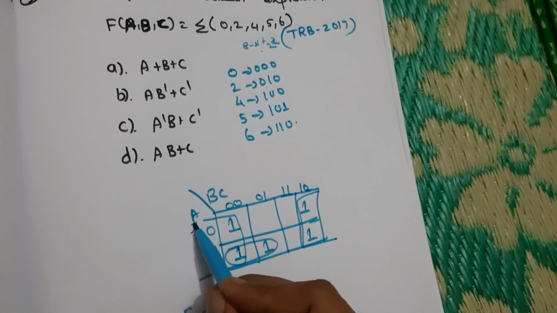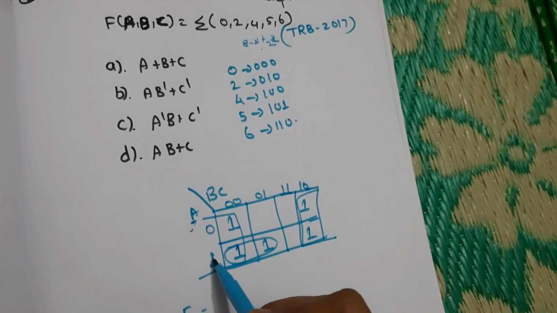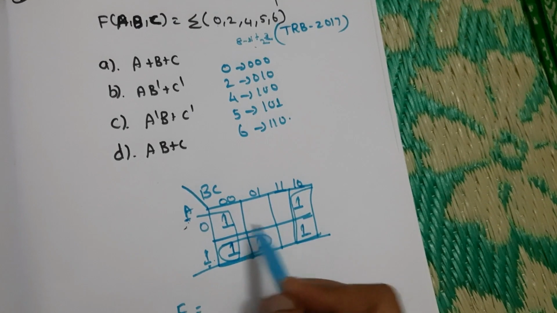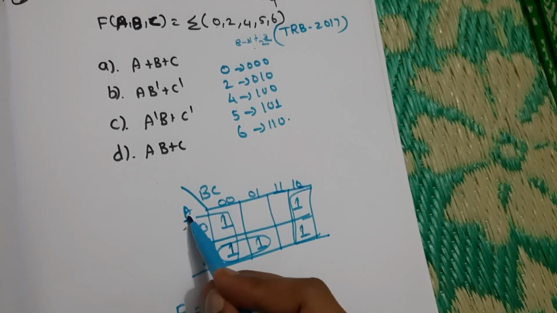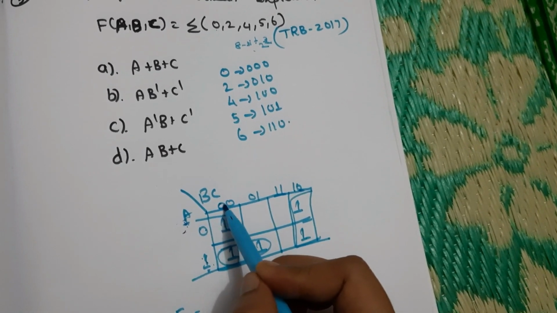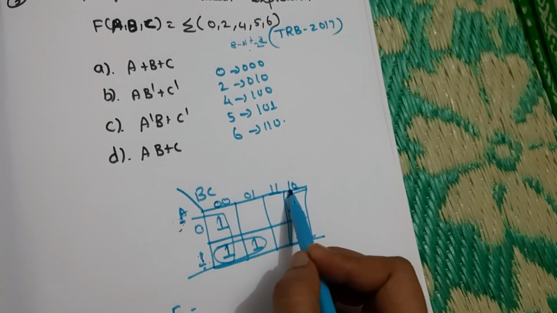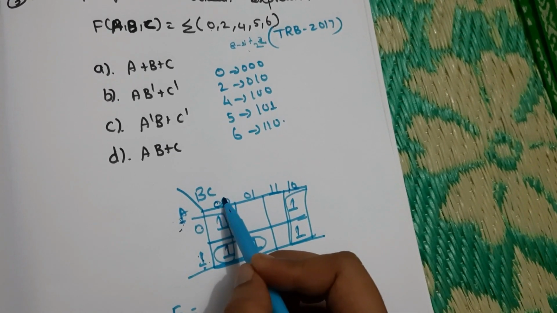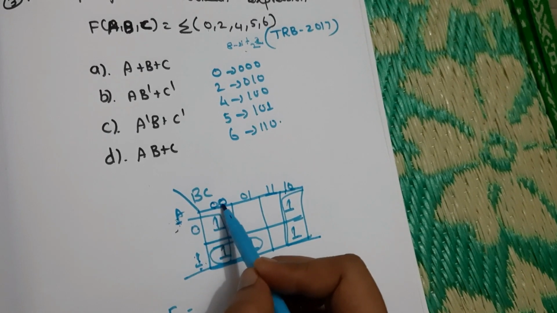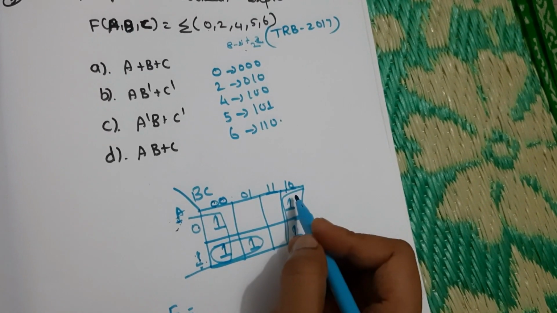The A variable is changing, 0 and 1, both values are in these 4 cells, so eliminate A. Considering BC, B is changing, 0 here but 1 there, but C remains 0 for all 4 cells. So C is the non-changing value, so take it.